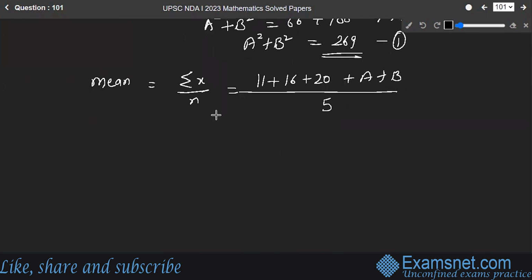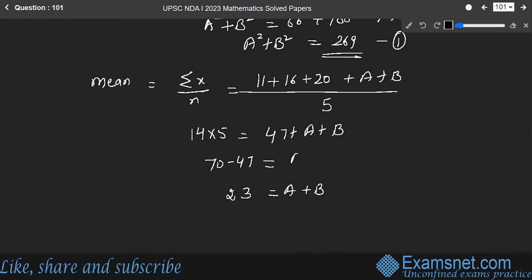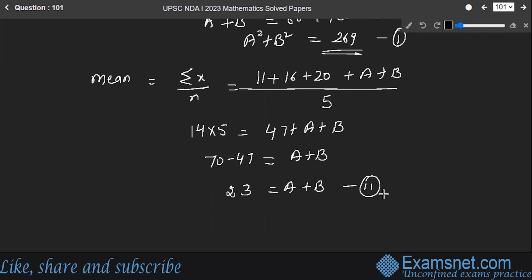This is equal to 14. So 14 fives are 70, which is equal to 47 plus a plus b. 70 minus 47, that is 23, is equal to a plus b. So this is the second equation. Now let's solve both of them.